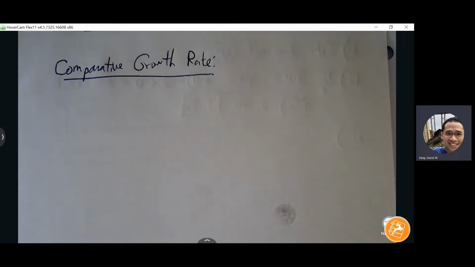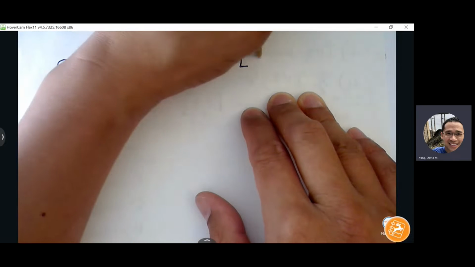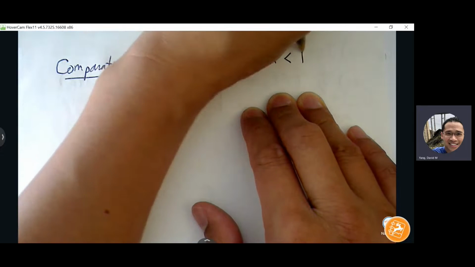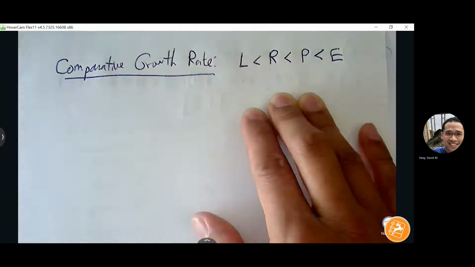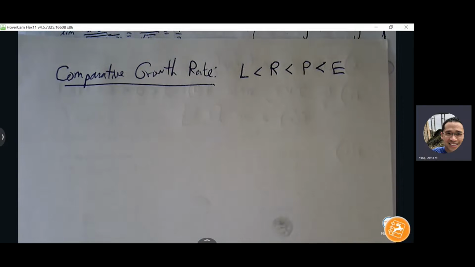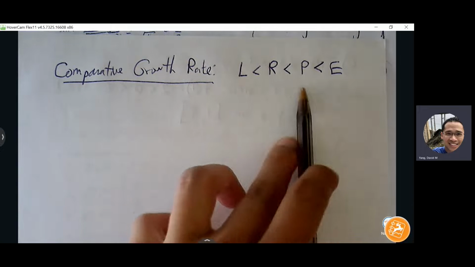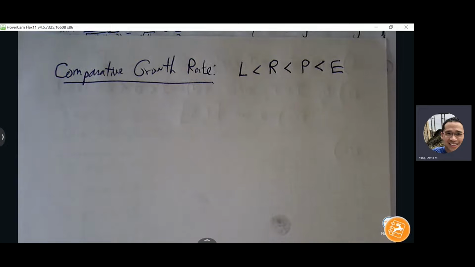I can either decide that the limit is 0 or decide that it's going to be either plus or minus infinity. And the reason that we're able to make such a quick conclusion is only if they fall under these nice categories. So logs, radicals, polynomials, and exponentials. These are functions that we're going to use the most often in our course. L is for logs, R is for radicals, P is for polynomial, and E is for exponential.